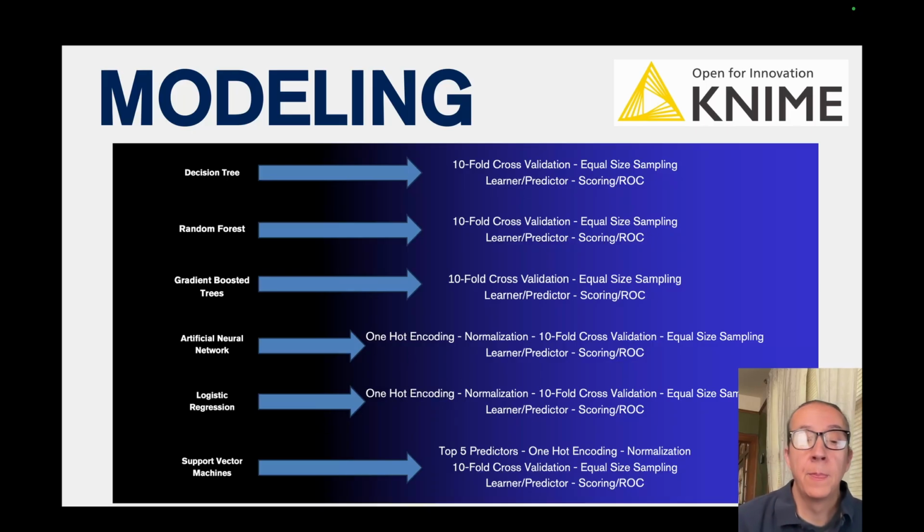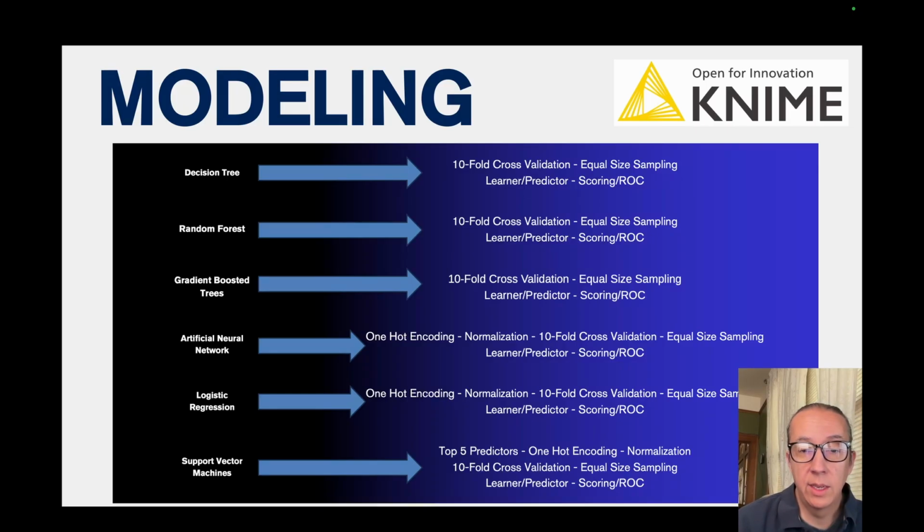Then the artificial neural networks and the logistic regression needed a bit of extra processing. One-hot encoding was the first step. What that does is it takes all the categorical variables and creates a column for each of the responses. It makes it 0 or 1. Then the rest of the continuous variables were normalized, basically to a range of 0 to 1 for each of those.